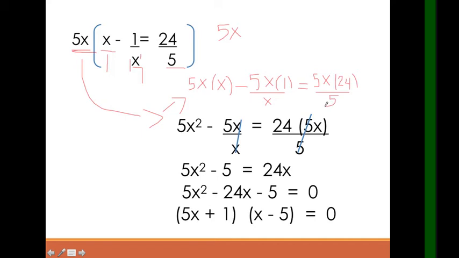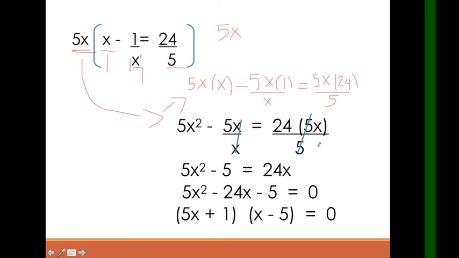Alright. For this portion, 5x times x is 5x squared. Okay? We will add the exponent, 1 plus 1 is 2. Minus, okay, 5x times 1 is equal to 5x, all over x, equals 5x times 24 over 5.